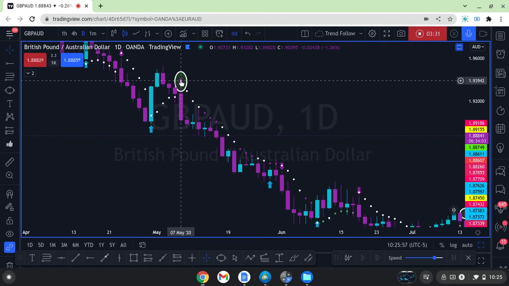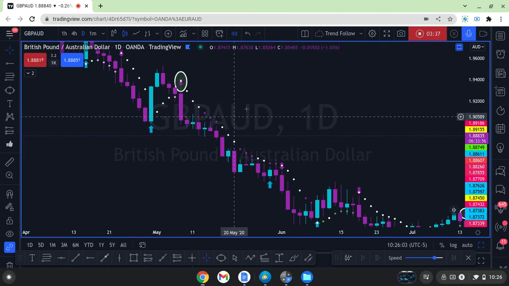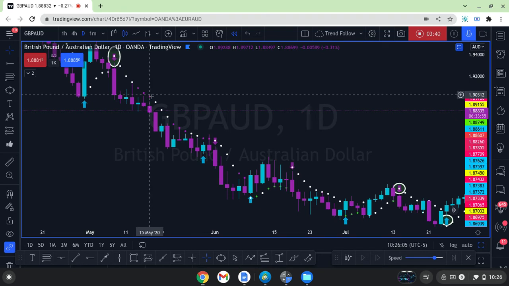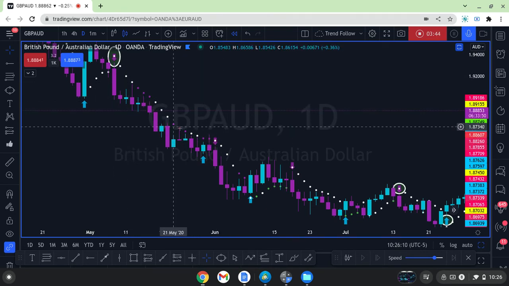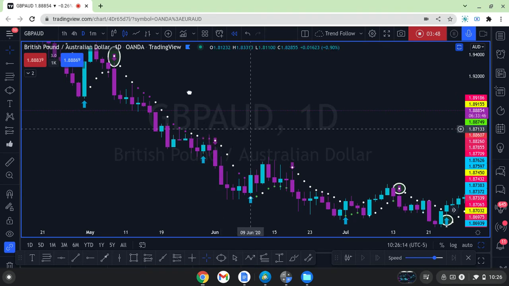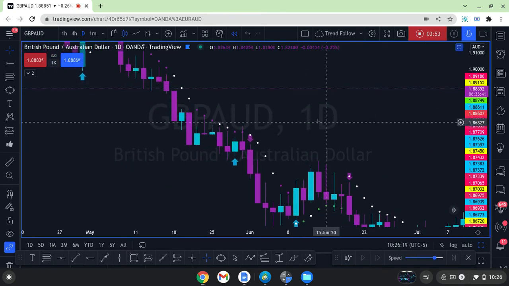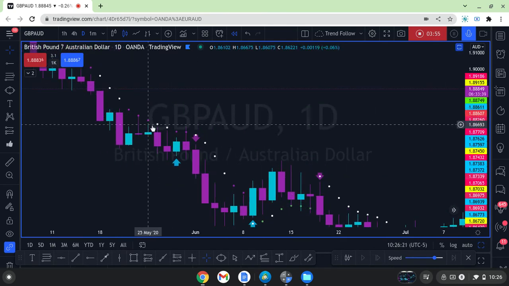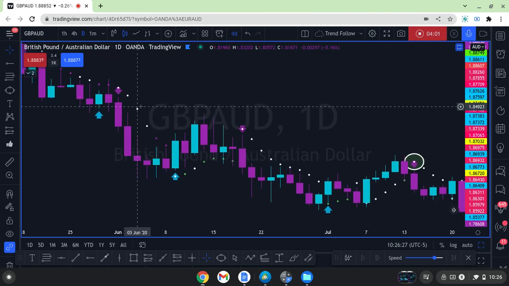The dot has come above this candle, which means it has crossed this point, and now the dot is trailing above the candle, sitting above it. And then it hits the candle, as you see. So we're talking about continuation now. It hits the candle and then it keeps selling, in this particular case.